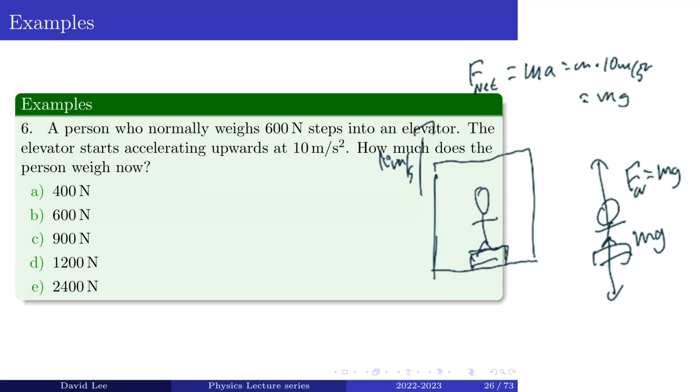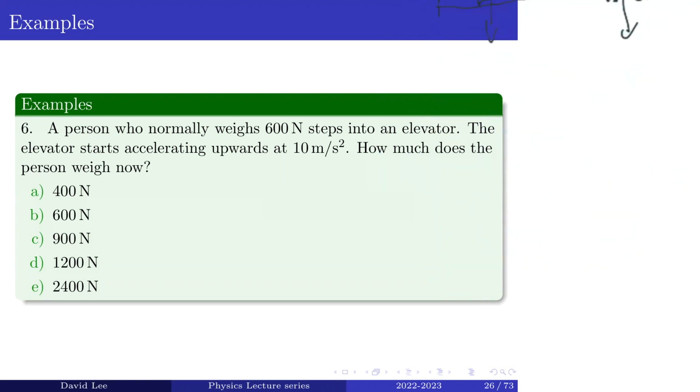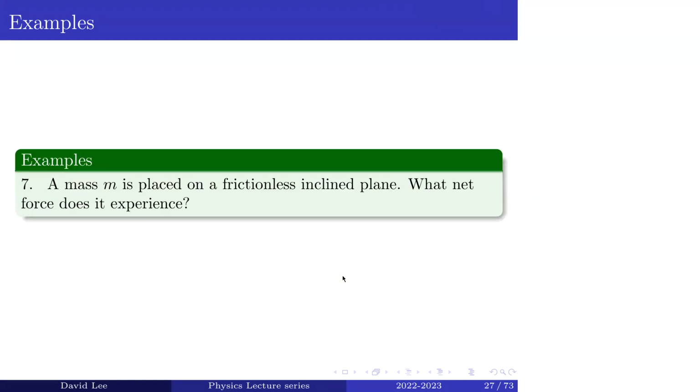And so that's the net force. Once we draw our forces, there's going to be mg downwards, and there has to be a normal force that's twice his weight in order to balance out the gravity and make the net force equal to his weight. Okay. So that's how we do that problem. Let's go on to the next problem.